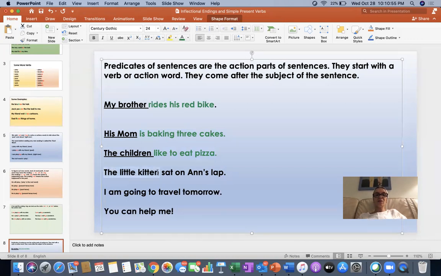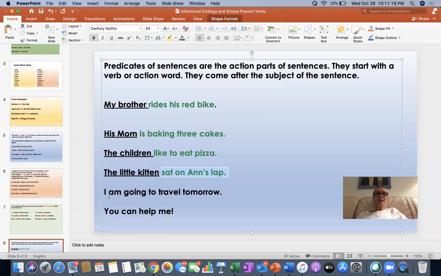That is my subject. I will underline that. Oops, I took away the bold. What is the action that the kitten is doing? It sat on Anne's lap. There you go. That's your predicate. It starts with an action verb or an action word.